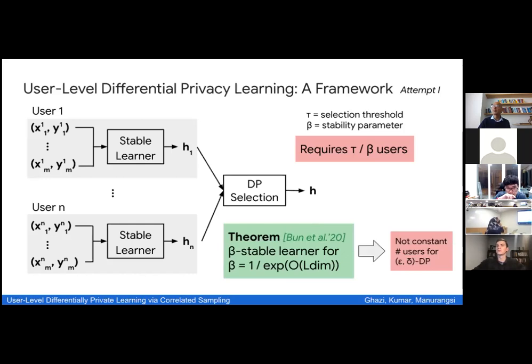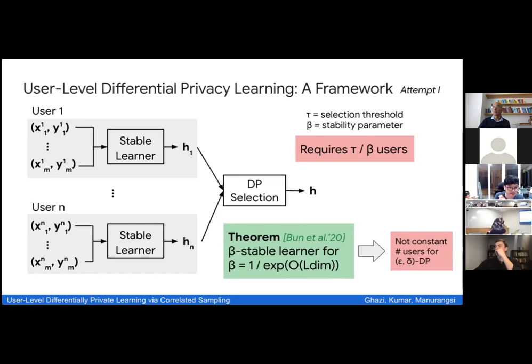The entire algorithm, the final H that you're outputting. Yeah, sorry, I was thinking about something else. If the question is whether the final algorithm is stable, I'm not sure. I think it should be true that it's somewhat stable. I'm not sure whether the stability parameter will decrease a little bit. But that's not something that we analyze, I think.